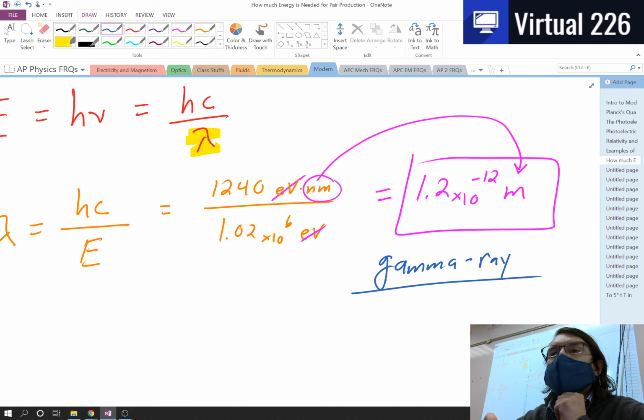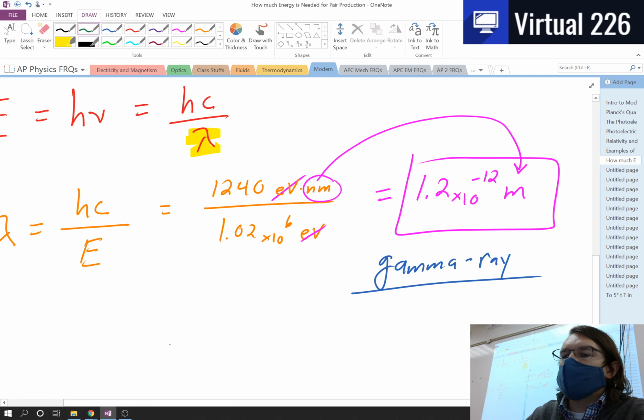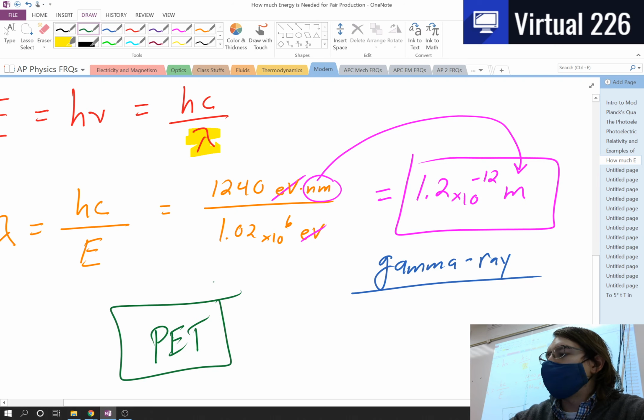Another interesting kind of spin on that is that if we have an electron and a positron annihilate on their interaction, they'll give off light. The type of light they will give off will be gamma rays. And in our PET scans, our positron emission tomography scans that we use in the medical field, the camera that they kind of put around you is looking for gamma rays.